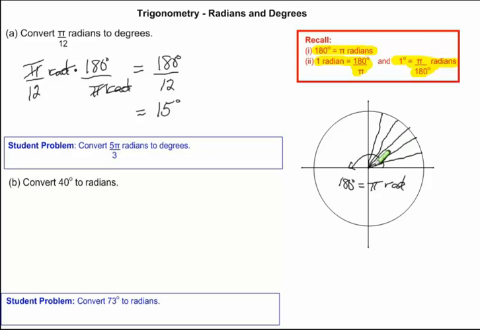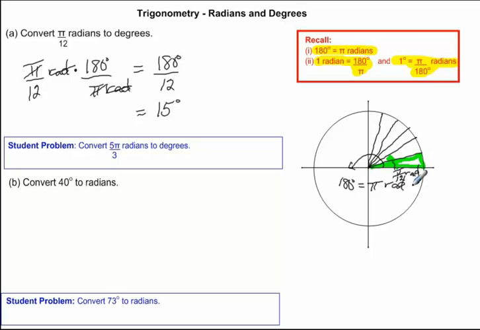So pi over 12 would be this angle right in here. That didn't work out so well. So it's this, I'm going to highlight it here in the green. This green highlighted angle is equal to pi over 12 radians.